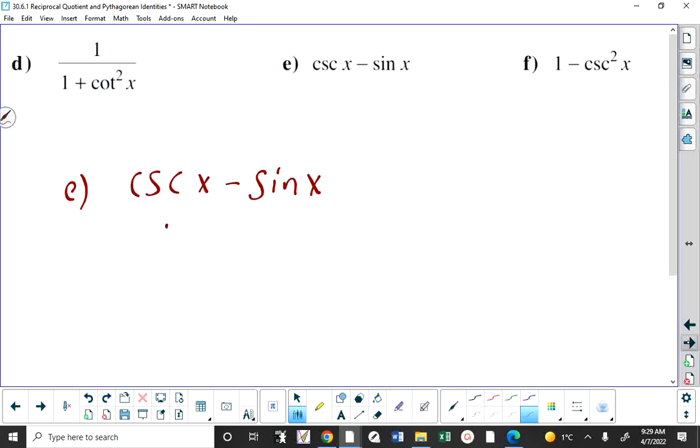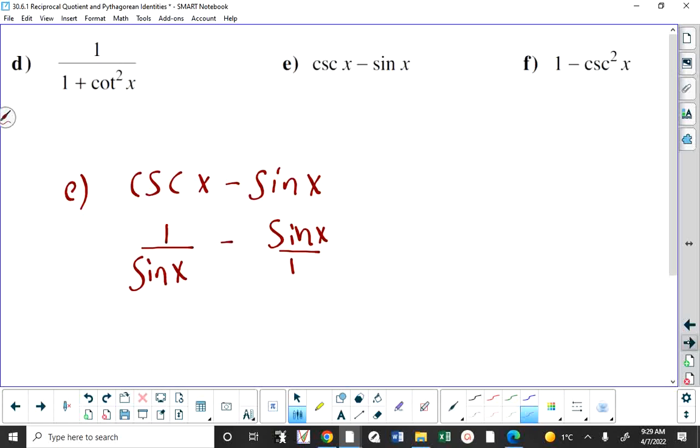Because when I write this as 1 over sine of x minus sine of x, and look again at how I've written it, the sine of x is really sine of x over 1 mathematically, so I've made sure to write it that way. I'm left with this statement. But now I have fractions that need to come together. Okay?